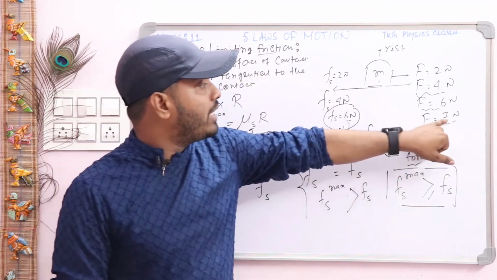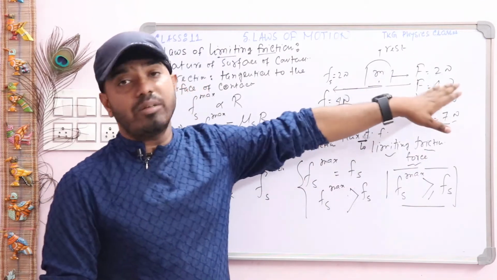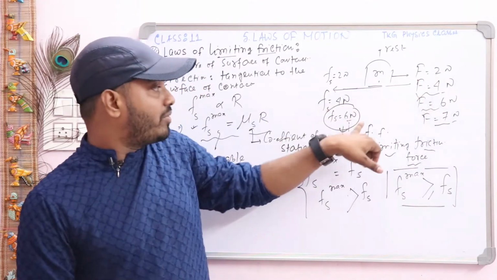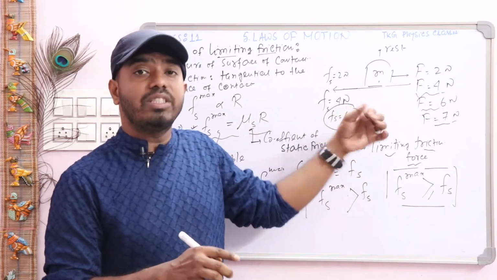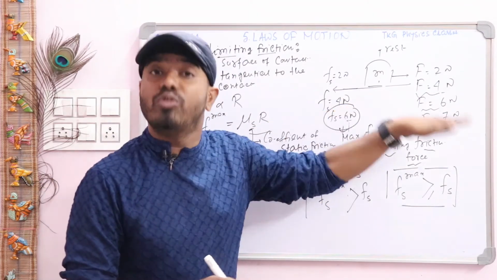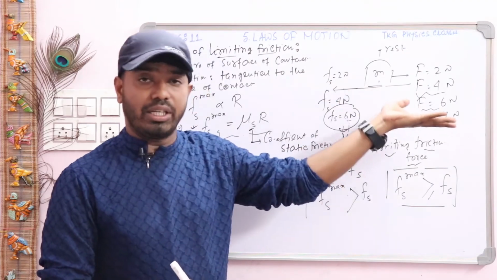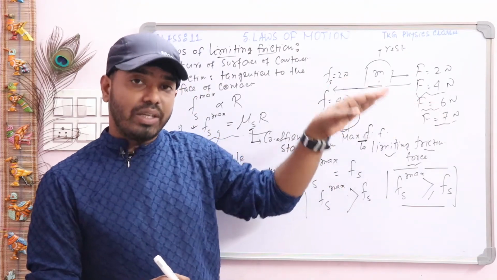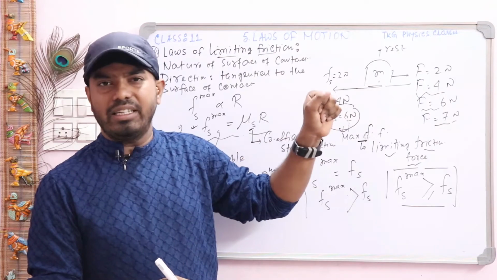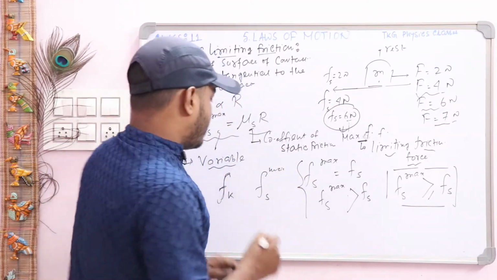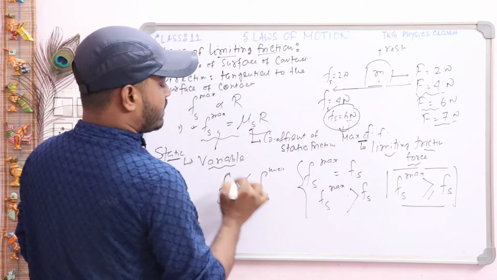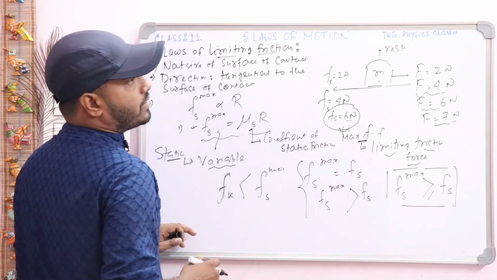When we apply a 7 Newton force, the body is under motion, and the maximum limiting value is 6 Newton. So the body overcomes this frictional force. That's why the body is under motion. When the body is under motion, the frictional force slightly decreases and then remains constant. So here Fk is less than Fs max.